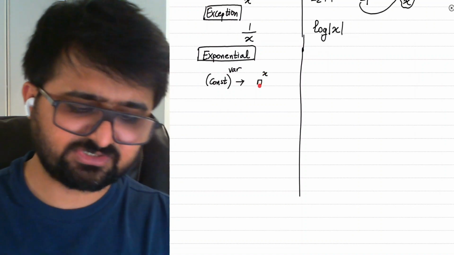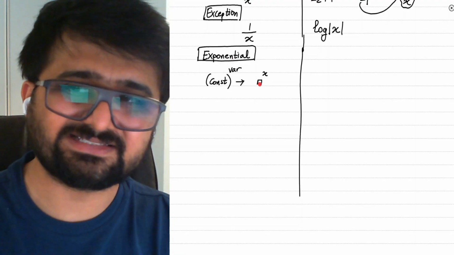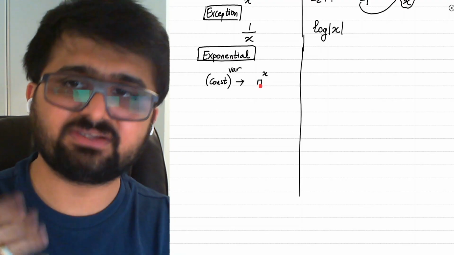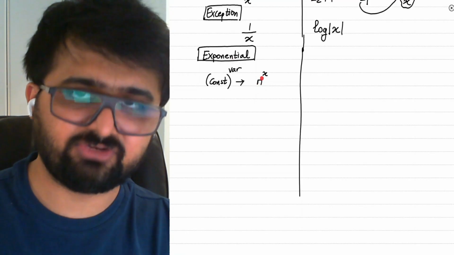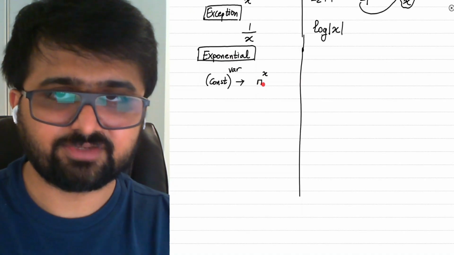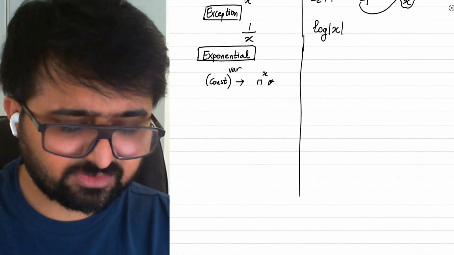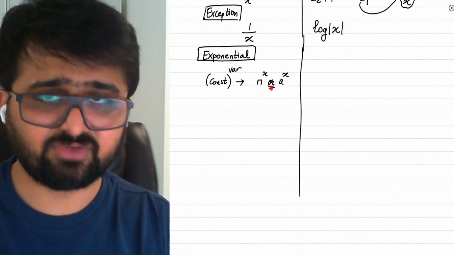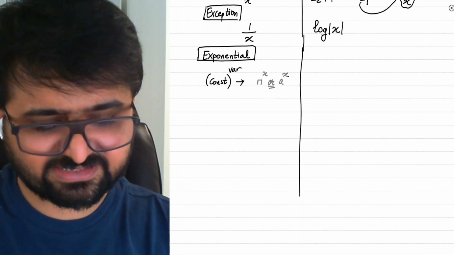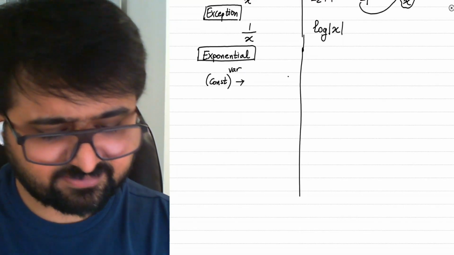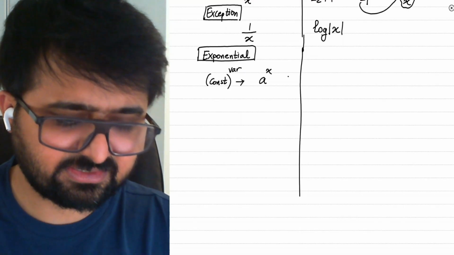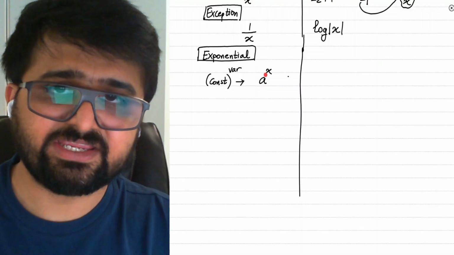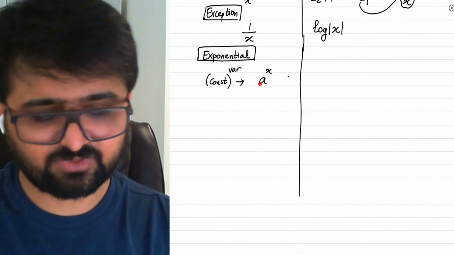In some textbooks, like NCERT textbooks, they write it as a to the power x, where a is a constant. Let's be consistent with your NCERT, and say it's a to the power x. So that constant is a and power is x, which is an exponential function.